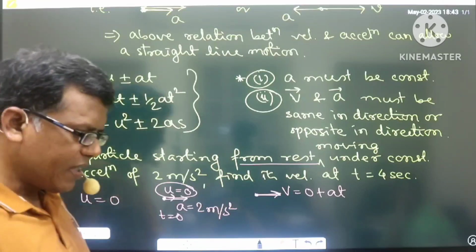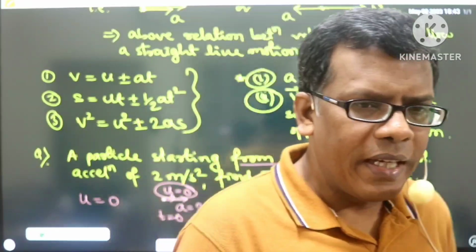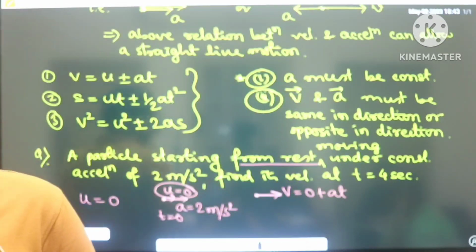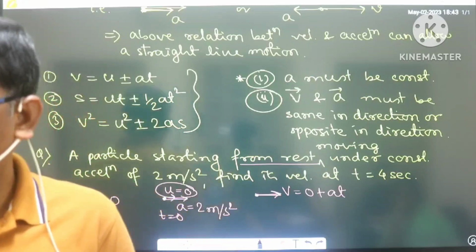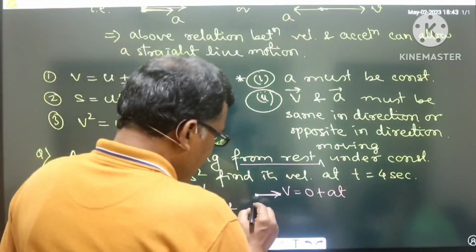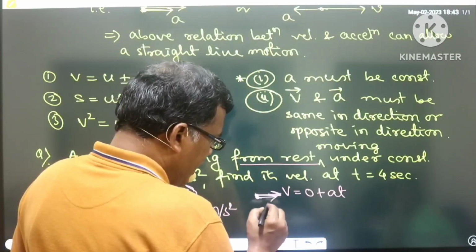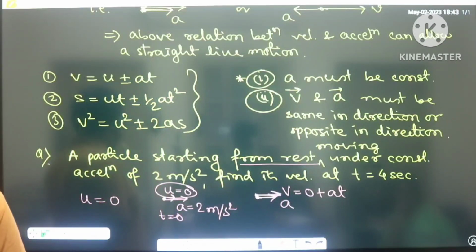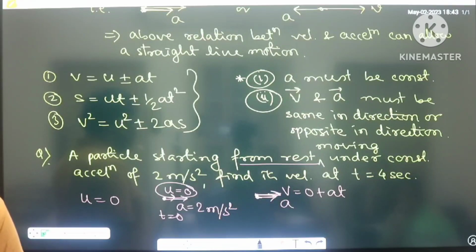So it is quite obvious that whenever a particle begins with 0 velocity and the motion is possible only because of the acceleration, the newly developed velocity must always be along the direction of acceleration, because the velocity has been developed due to the presence of the available acceleration on it. Are you getting me?